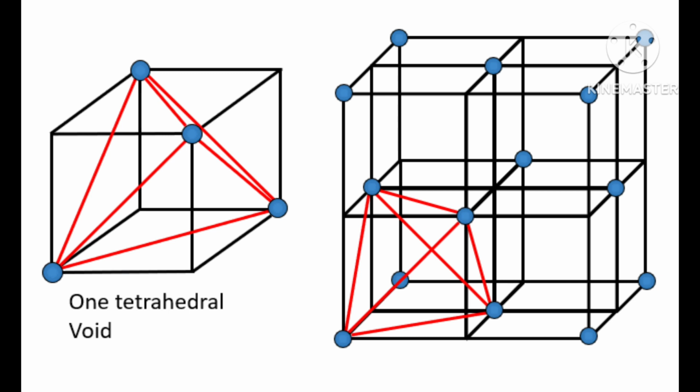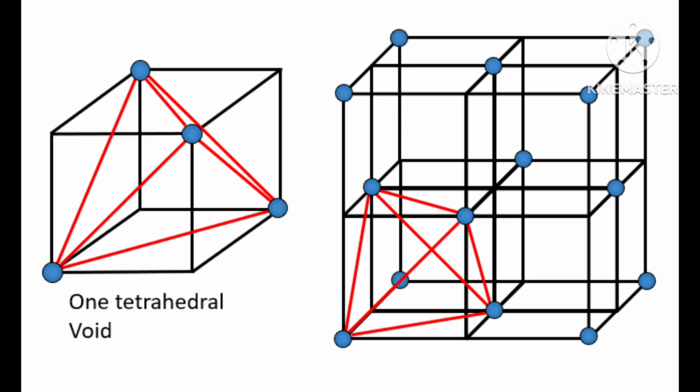All spheres, if you join in any one cube, not in all 8, then it will form a regular tetrahedron. There is one tetrahedral void in each small cube. This is an important thing.